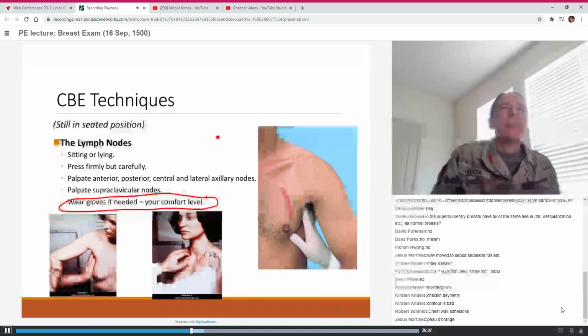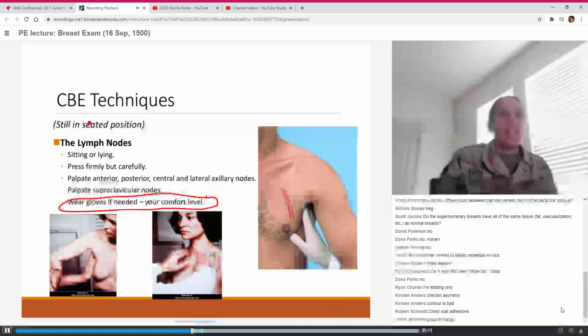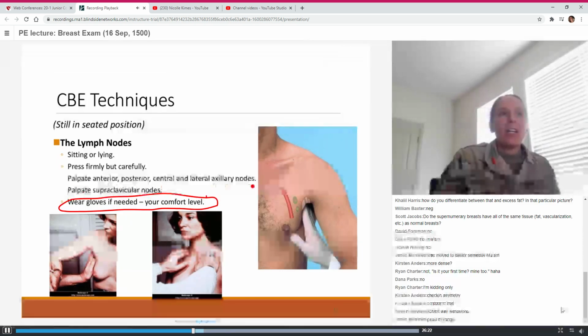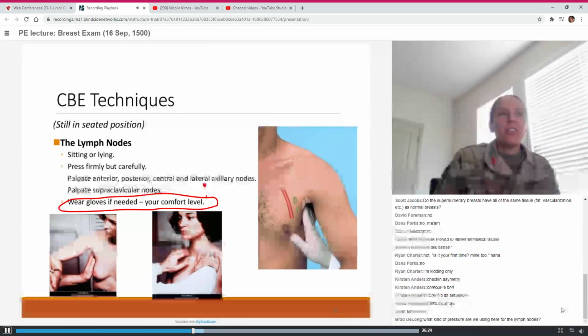I typically do these on the patient when they're lying down. It's easy for it to flow from the breast exam into the lymph node exam. You're holding their arm for them, and then you're palpating all 4 chains: anterior, posterior, central, or lateral axillary, and then you're going for the supraclavicular.